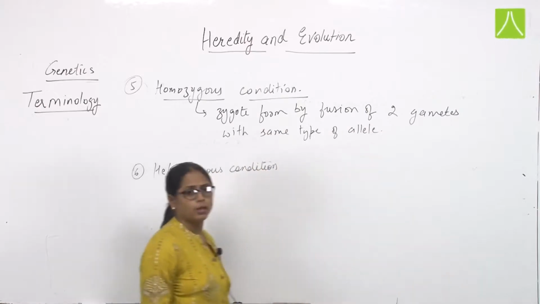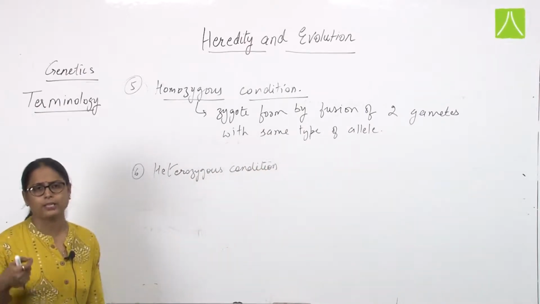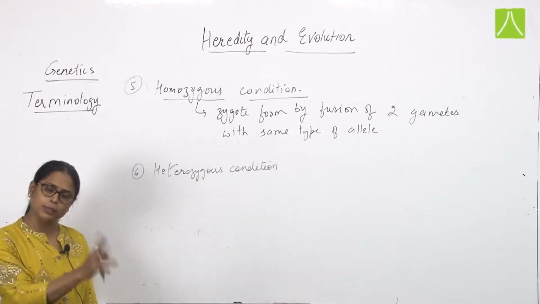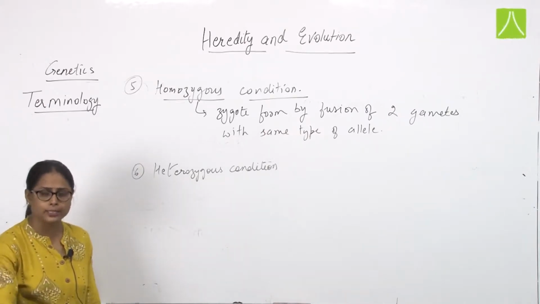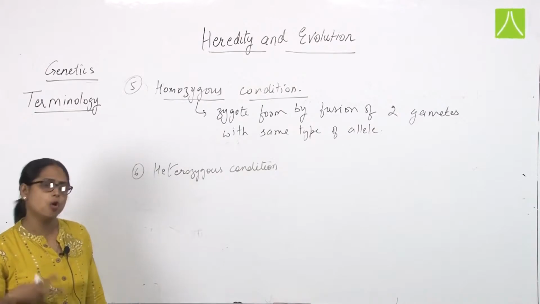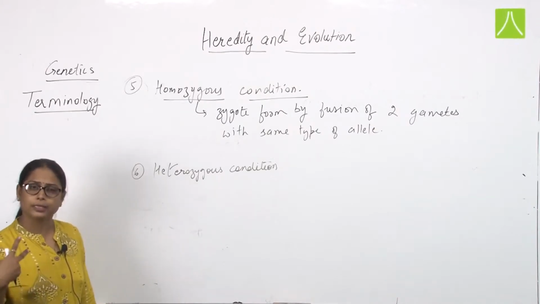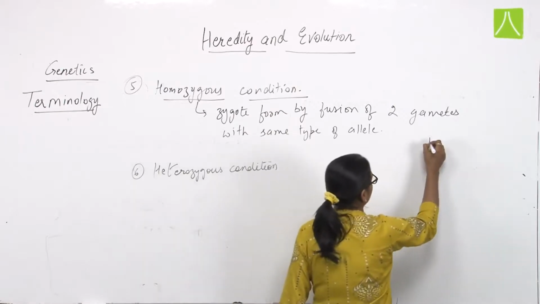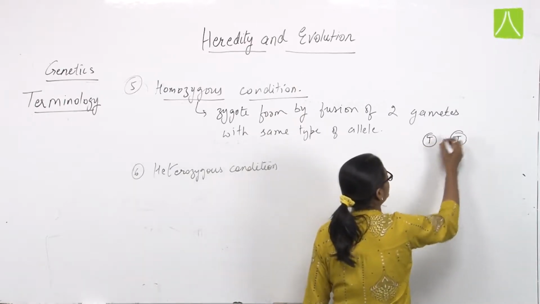Whenever the zygote is formed by a fusion of two such gametes having similar type of allele, whether both dominant or both recessive, the zygote formed is known as homozygote.